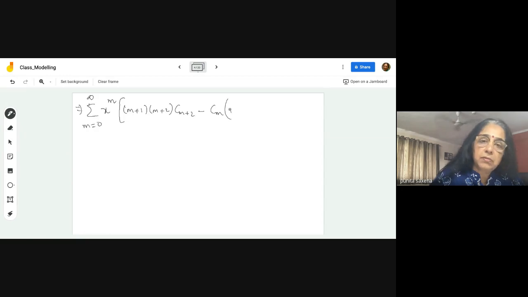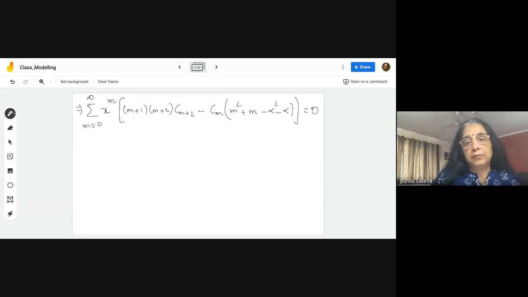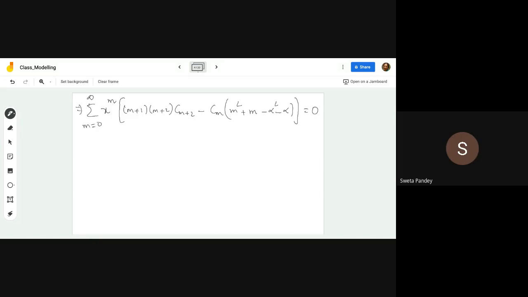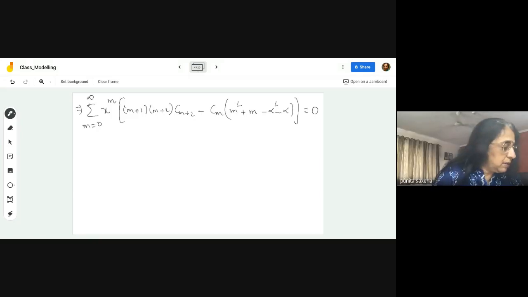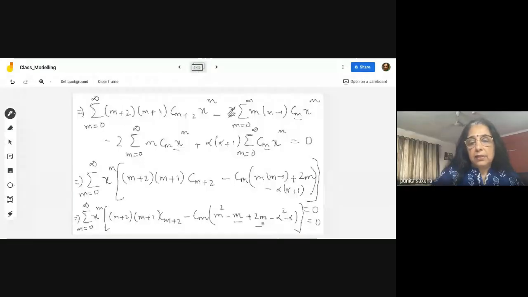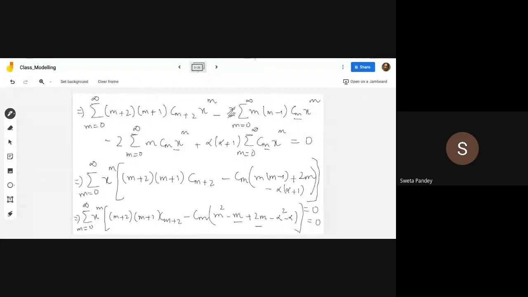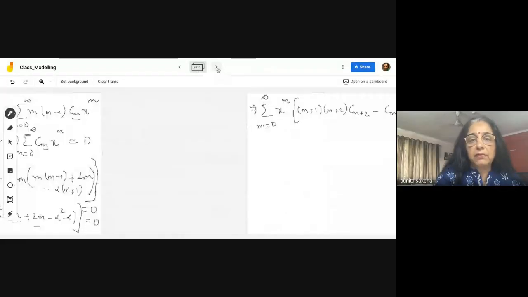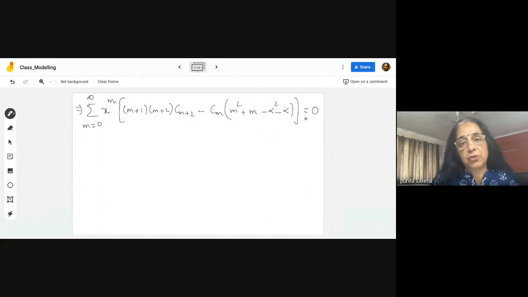It's now m square plus m minus alpha square minus alpha equal to 0. Ma'am, I think it is minus m. No, it was plus 2m, na? Minus m plus 2m. Okay, okay, ma'am. ठीक है ना? Yes, ma'am. m square plus m minus alpha square minus alpha equal to 0, right?